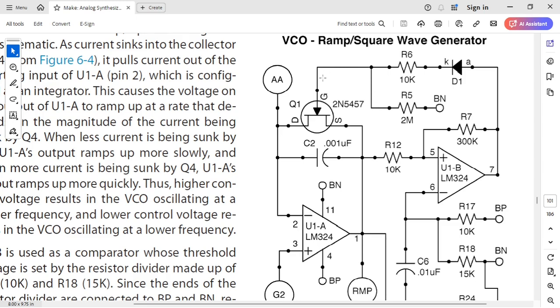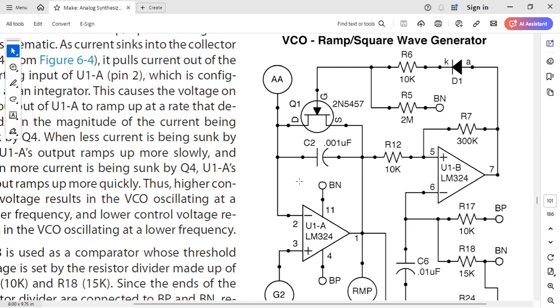So VG is going to be 0, and VS, which is right here, is the same voltage as the voltage at the output of the op-amp. So VS is going to be at least 4.5 volts. So VGS is going to be very negative, below -4.5.